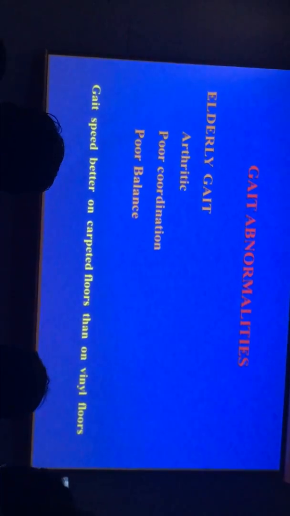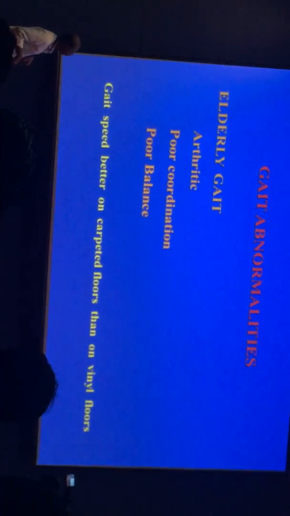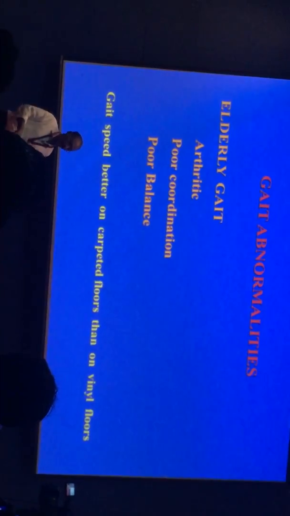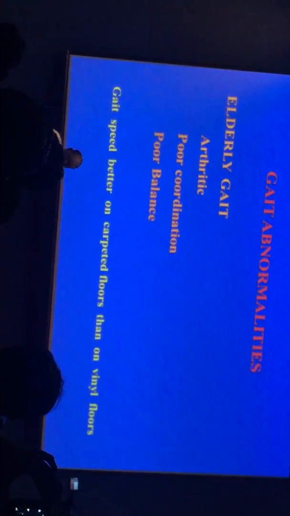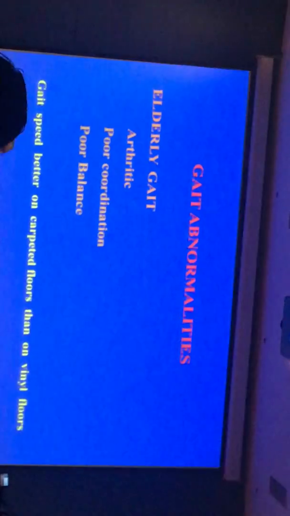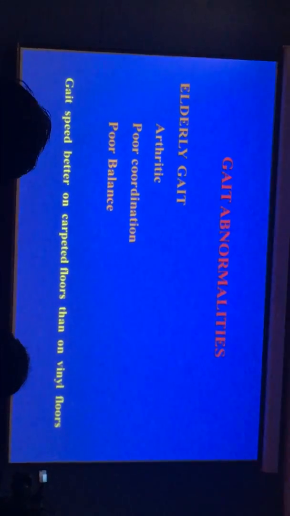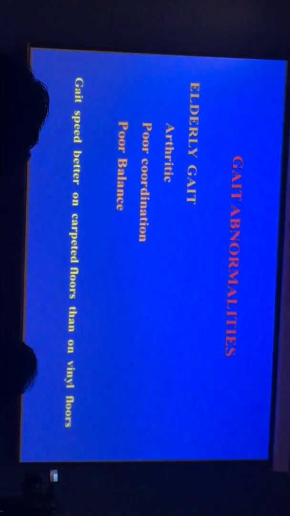So you have elderly patients who are arthritic, but they also have poor coordination and poor balance. They will not be happy walking on smooth floors. They'll be happier walking on carpeted surfaces because the tendency to slip is less there, so they are more comfortable walking on carpeted surfaces. They'll not be comfortable walking on tiled floors. So it's best to have not too smooth surfaces for these people.